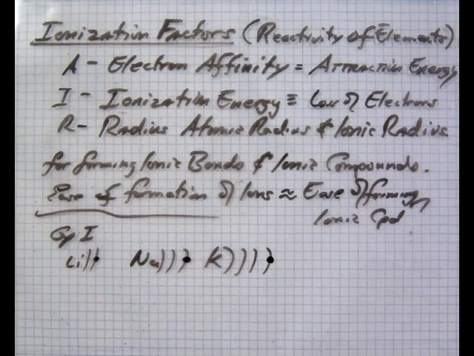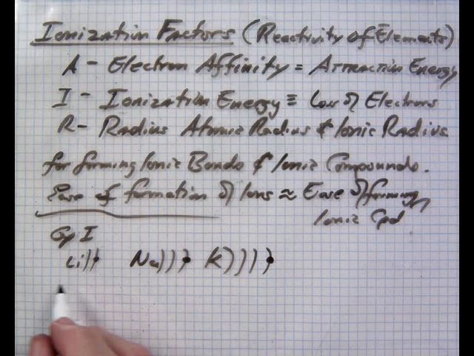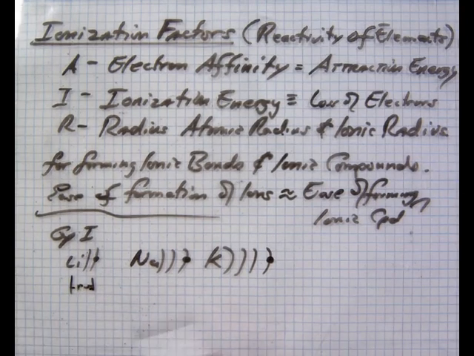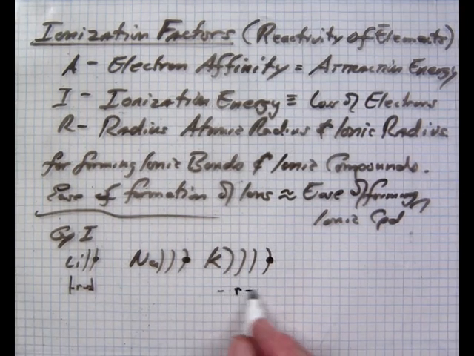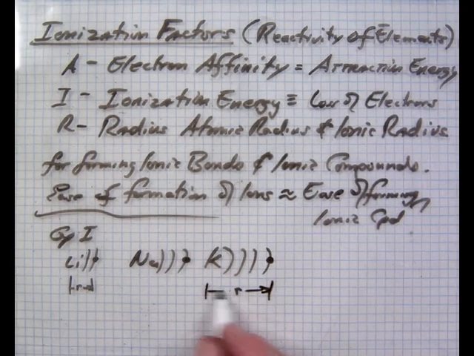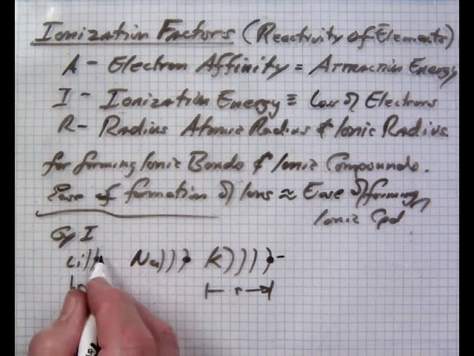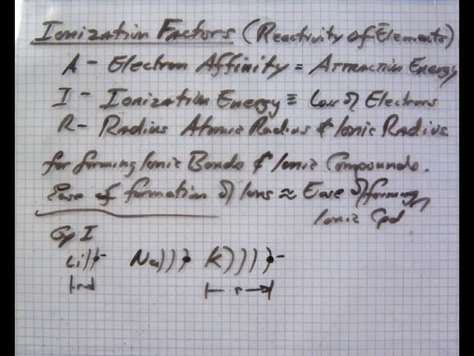A moment ago I mentioned that the closer it is to the nucleus, the stronger the pull, the stronger the chain, so to speak. So this has a small radius, and out here we have a larger radius. The electron, being negatively charged, is further away from the nucleus.